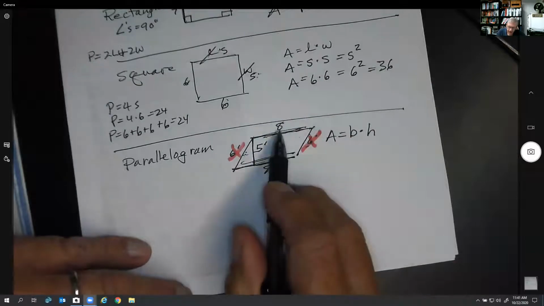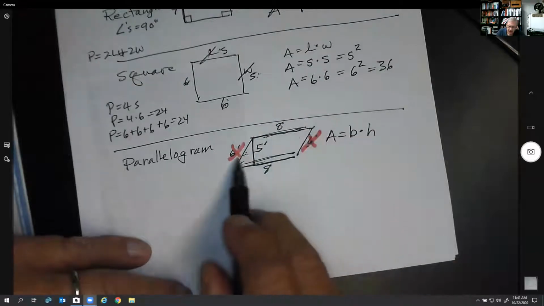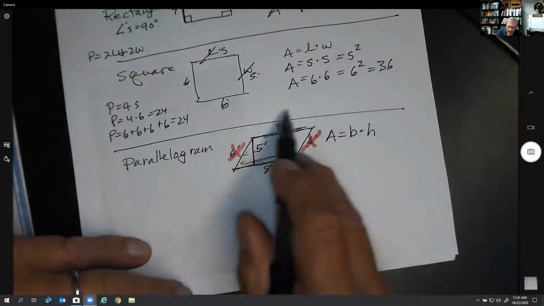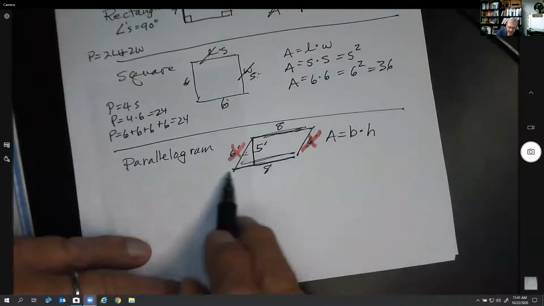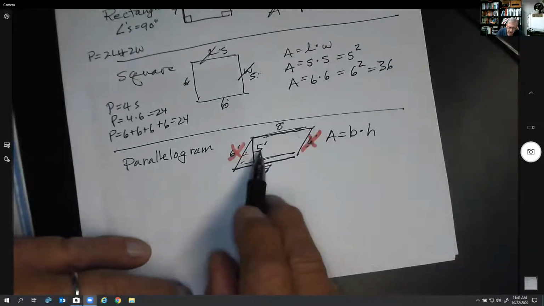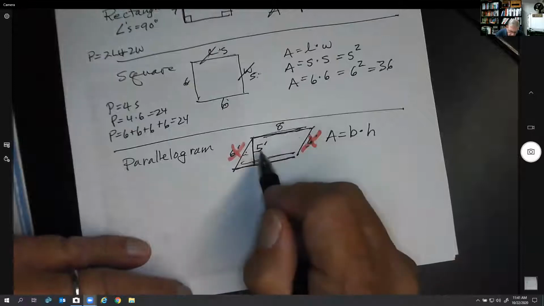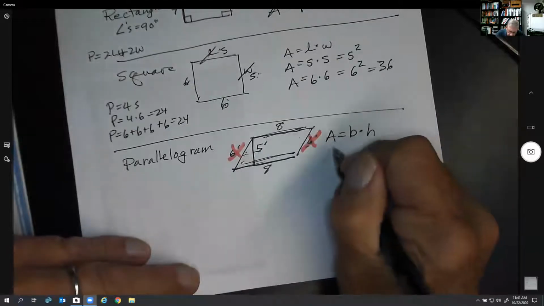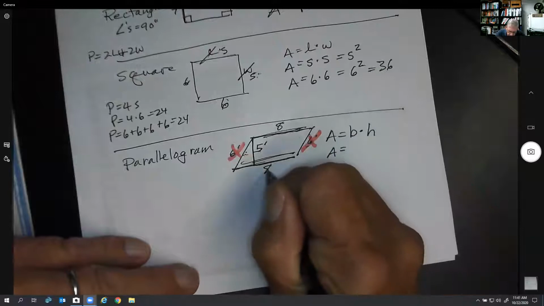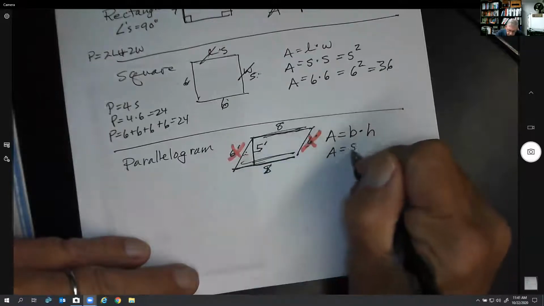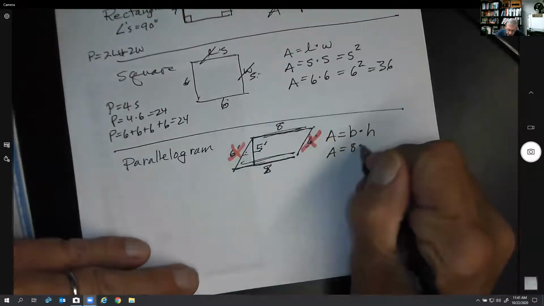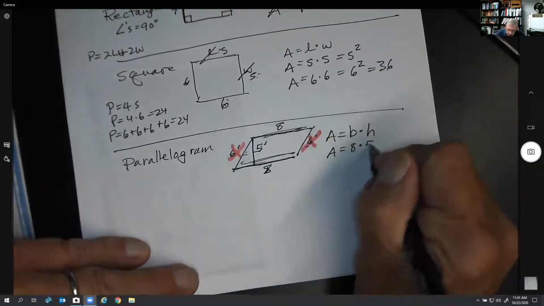So when you're trying to find the perimeter, you can add the distance outside, but don't mess with the inside. So this would be 5. Area is base, the bottom, times the height, 5. And of course, these might be in feet. They have to be in the same measures.